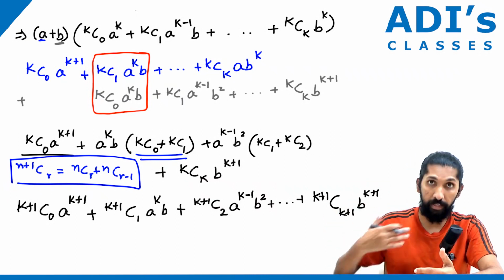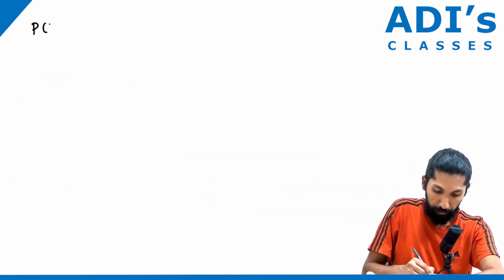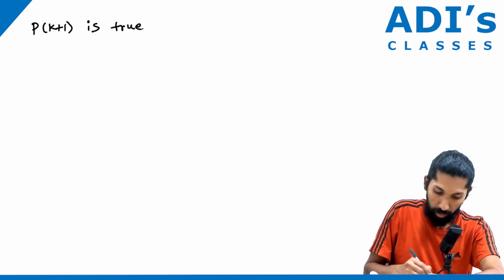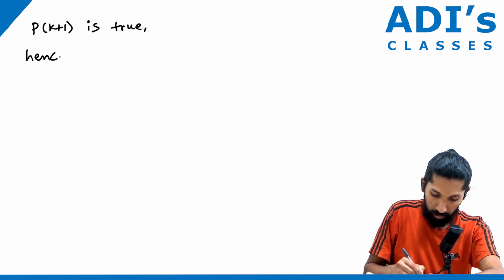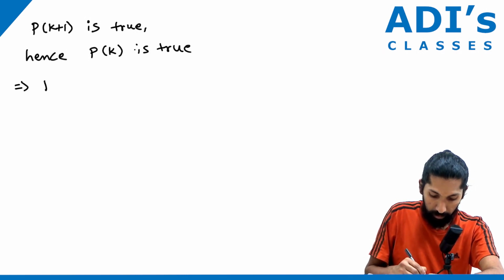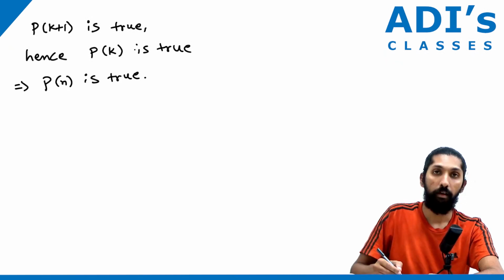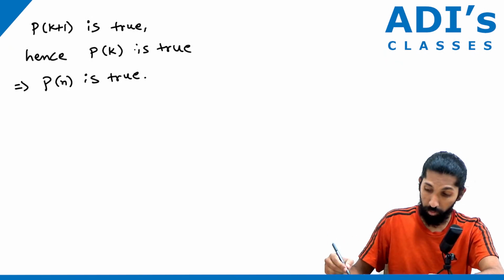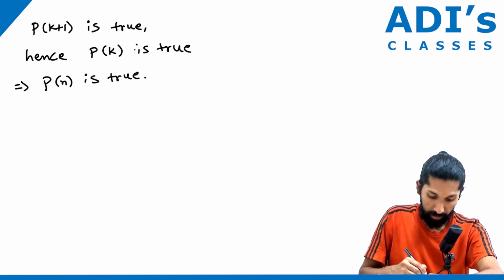So let's write it mathematically now. P of k plus 1 is true. Hence, P of k is true. This implies that P of n is true. Correct? Since P of n is true, that means what can we say?